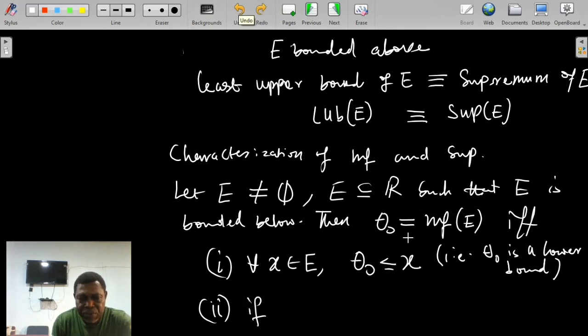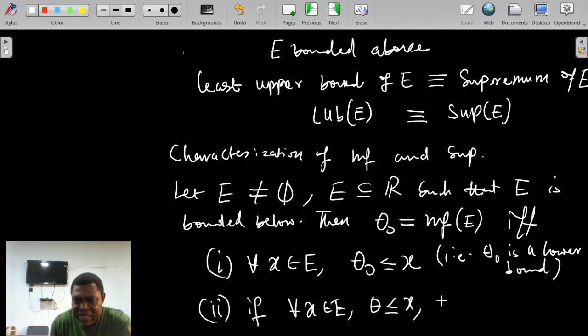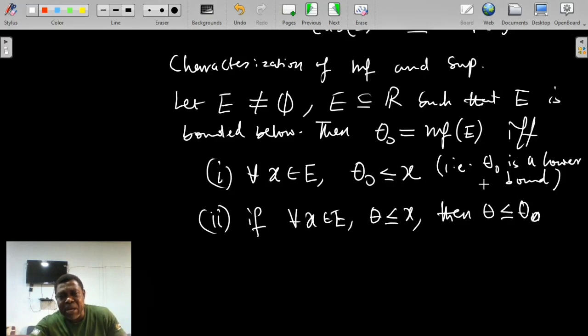Number two, if for any x in E, theta is less than or equal to x, then theta is less than or equal to theta naught. What this means is that for us to talk about the infimum, which is the greatest lower bound, that greatest lower bound, by definition, must first of all be a lower bound, because the greatest is a lower bound that is greater than every other lower bound.